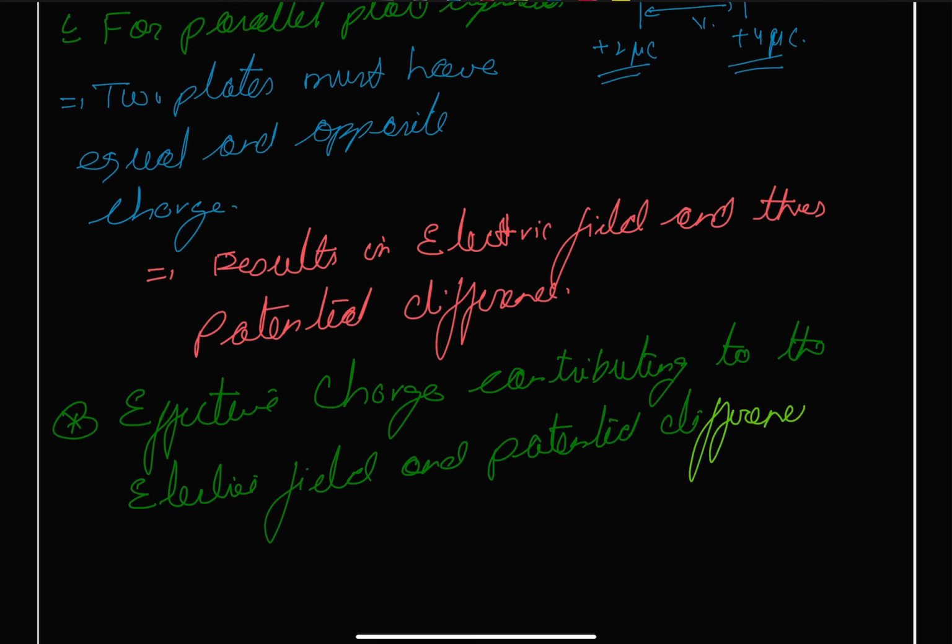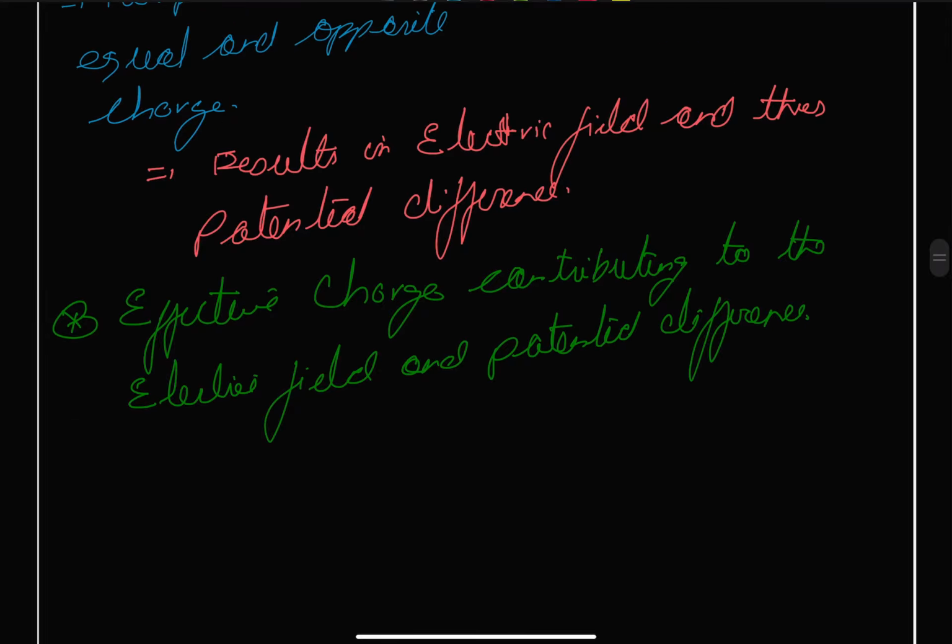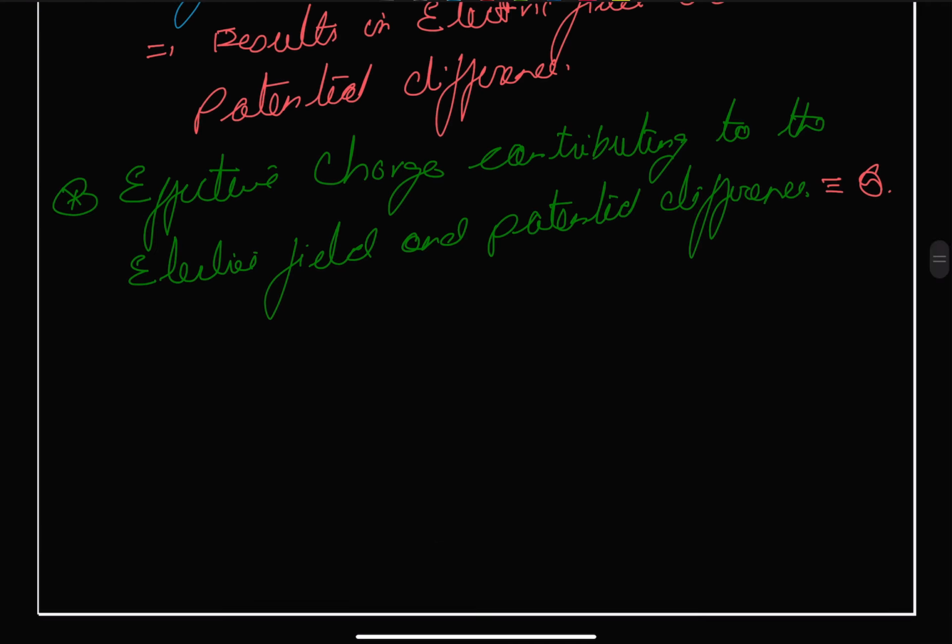Let us suppose that the effective charge is our Q. So we can write Q will be equal to (4 minus 2) divided by 2, which comes as 1 microcoulomb.